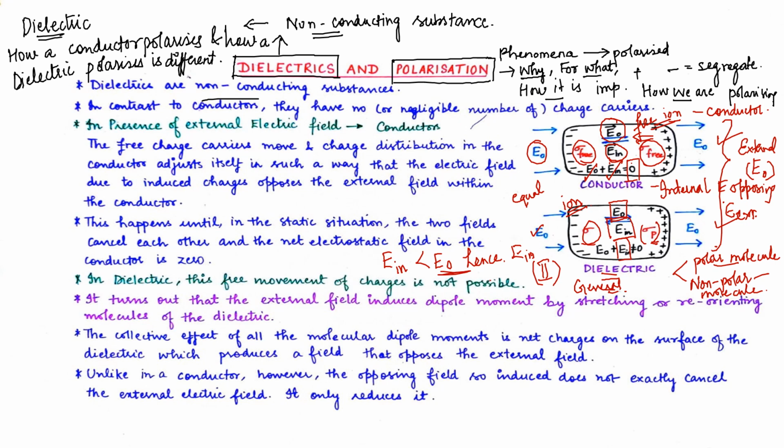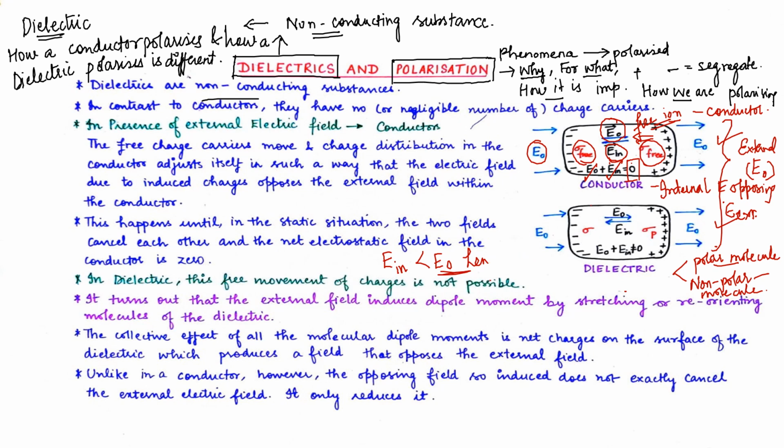Hence when these two add up, E in plus E naught, it is not equal to 0. See over here, I'll just change the pen. E naught plus E in is not equal to 0. So there is some sort of electric field left.